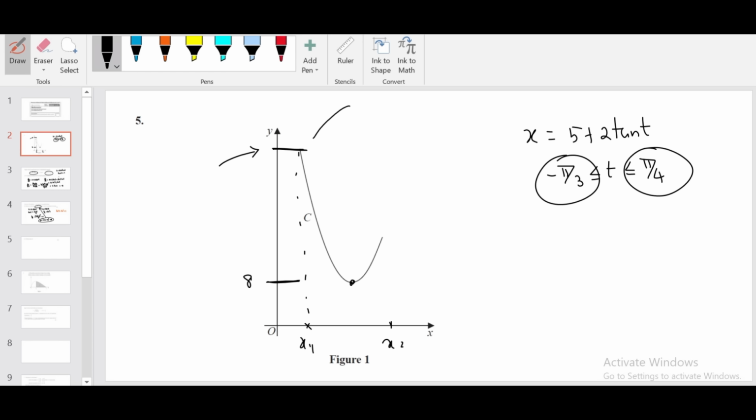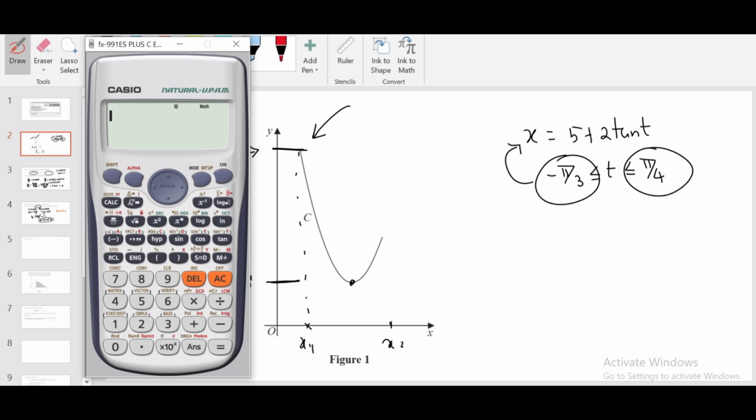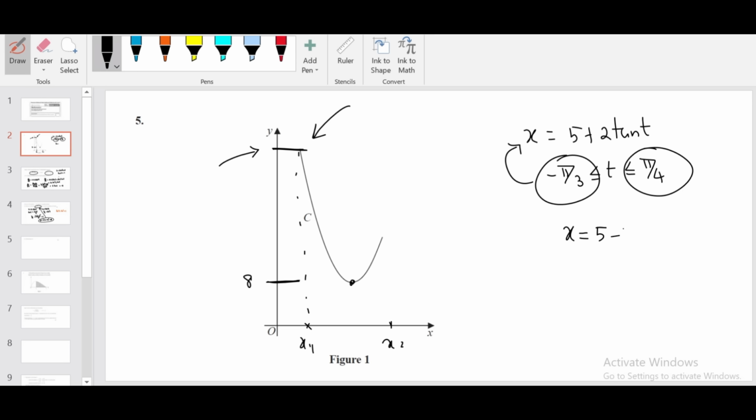So to find the x coordinate of this point, if you can find the x coordinate, you can find the y coordinate, right? You sub in this value here, minus pi over 3. In radian mode, you write 5 plus 2 tan negative pi over 3. I think I forgot to change it to radian mode. 5 minus 2 root 3. x is equal to 5 minus 2 root 3, and we know the equation of the function representing the graph, 2 times x minus 5 whole square plus 8.